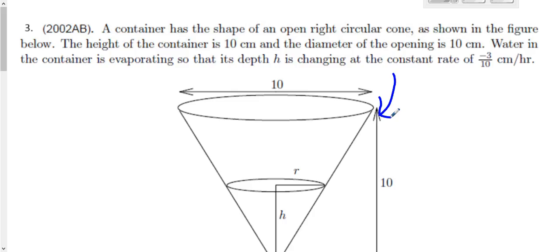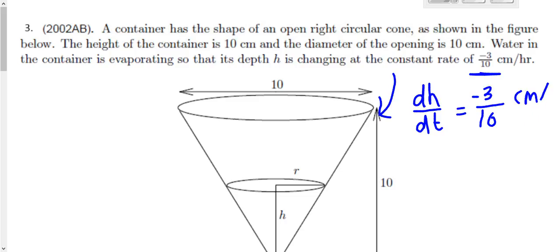Water in the container is evaporating so that the depth H, so H is what's changing, at the constant rate of -3/10 centimeters per hour. So changing means dH over dt is -3/10 centimeters per hour.